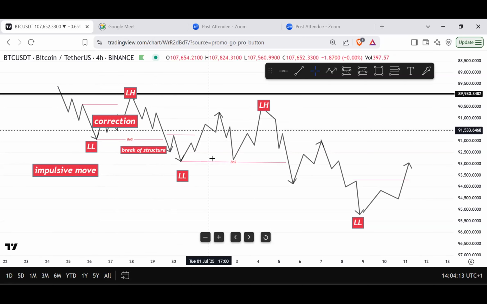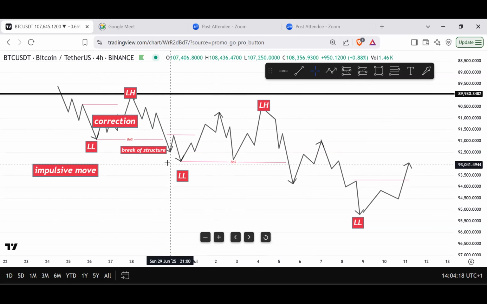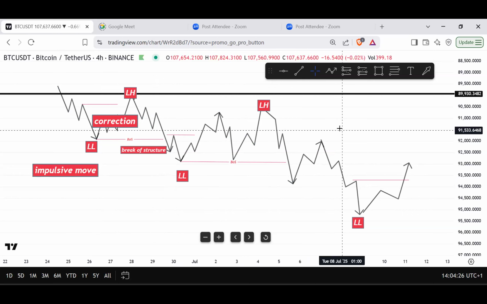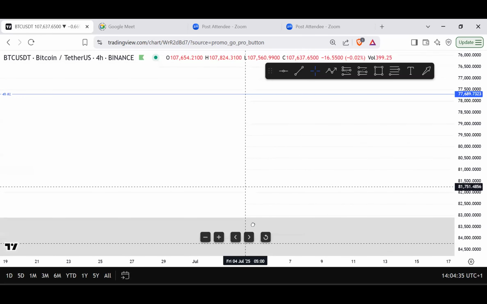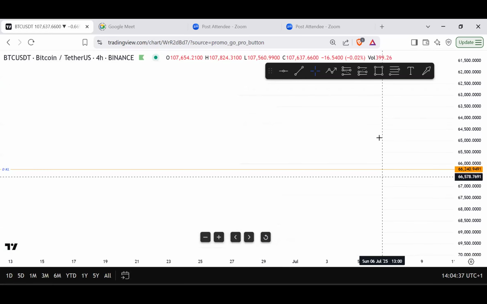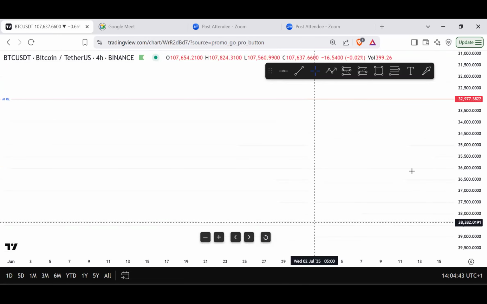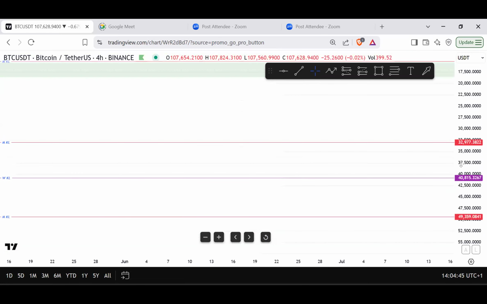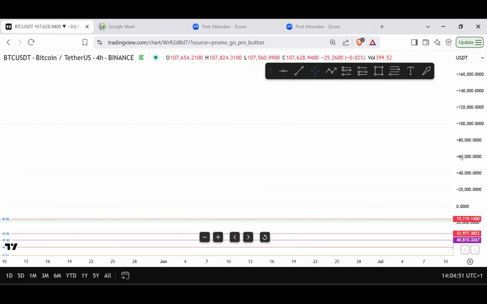Once you're able to do this and you practice and understand it very well, the market will become your friend. Trend is friend, because you'll be seeing it in every time frame.